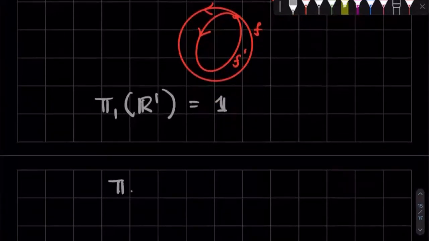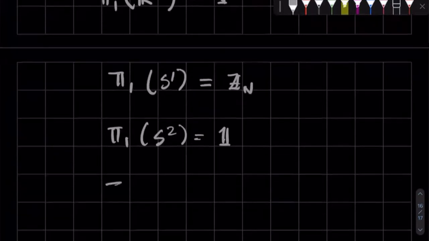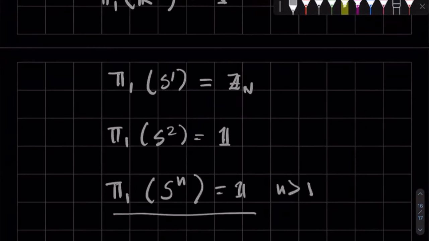And we have just argued that the maps from the circle to the circle are characterized by all the integers, but the maps from the circle to, say, the two-sphere are just the identity map. And in fact, for any sphere of dimension n greater than 1, this is true.